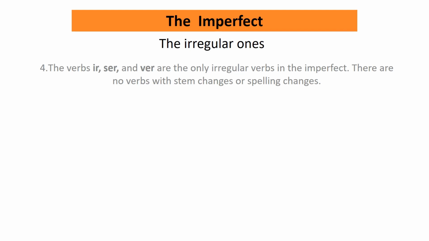So these are the only 3 irregular imperfect verbs that we have. Okay. Now we saw that we use the imperfect tense to talk about actions or events that happened in the past, but we don't necessarily know the beginning or the end of the action. Also, we use the imperfect whenever we need to describe a person in the past.